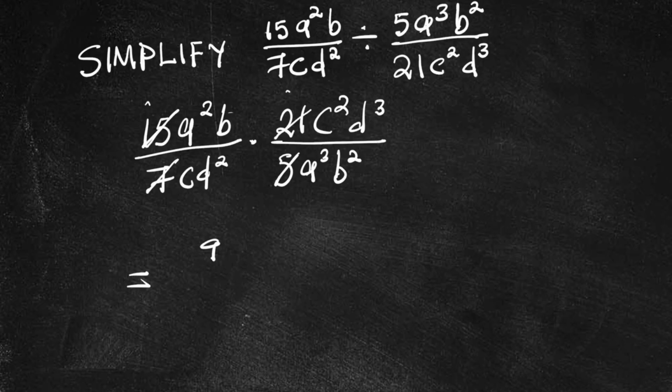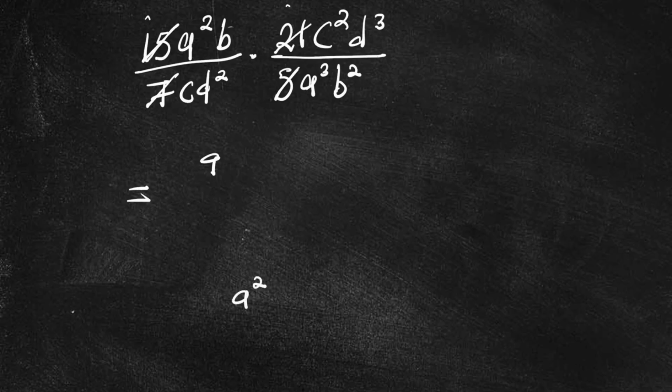Now the next thing, I come to letters. Look at this: I have a squared in the numerator and I have a to the power 3 in the denominator. This is how you can easily simplify this. I write the smallest, which is a squared. Then to get a to the power 3, I can write a to the power 2 multiplied by a.